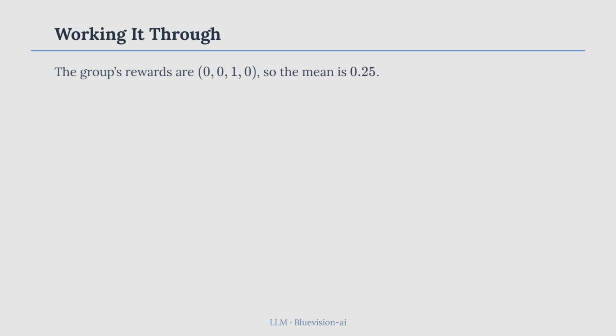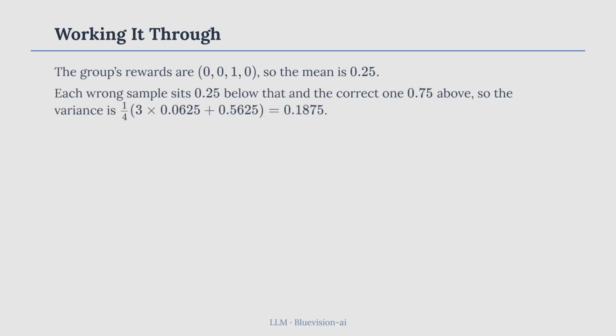Our rewards are 0, 0, 1, 0. Add them and divide by 4, and the mean is 0.25. Now the spread. Each wrong sample sits 0.25 below the mean, and the correct one sits 0.75 above it. Square those, average them, and you get 0.1875.